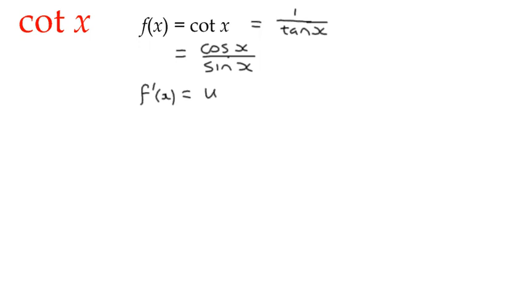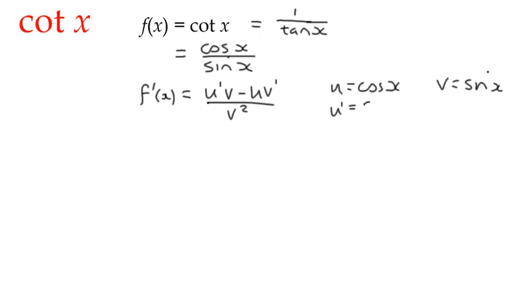So the quotient rule, u dash v minus u v dash over v squared, where u this time is cos x and v is sine x. So we've got a similar result to tan x, except it'll be the other way around. u dash is negative sine x, and v dash is cos x.